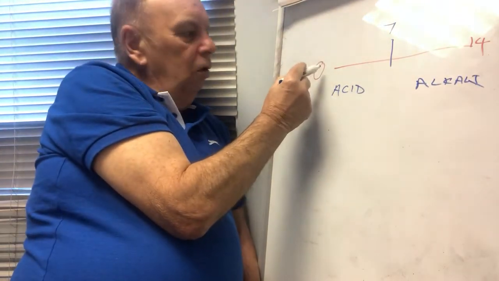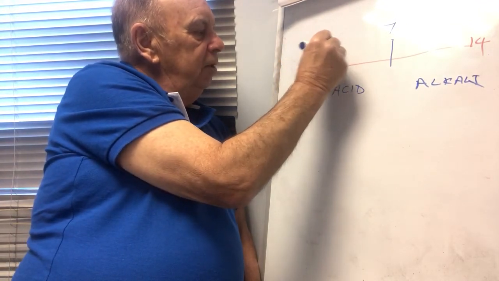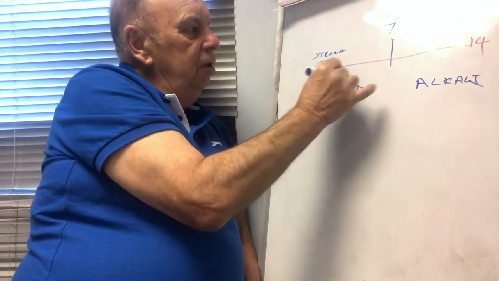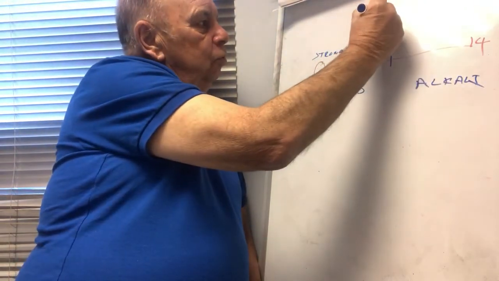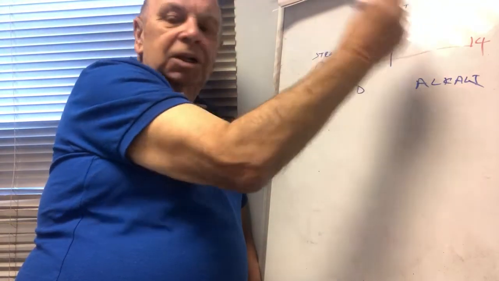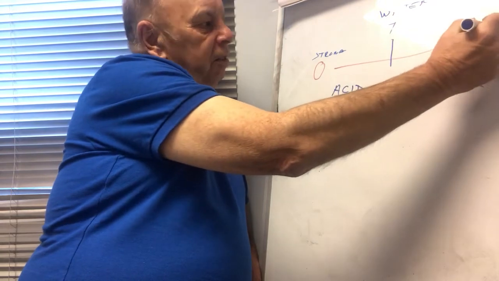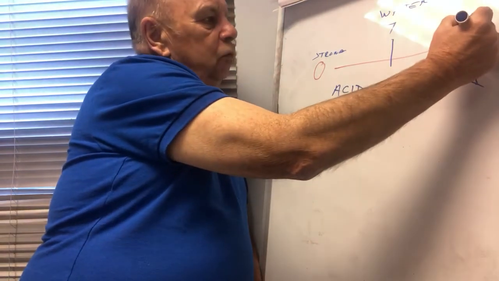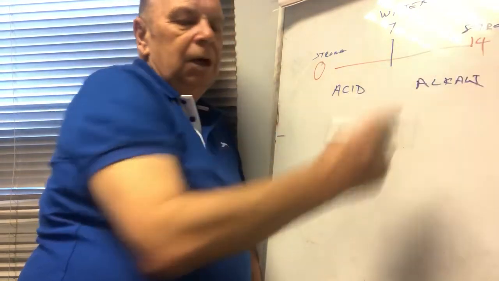This is strong acid here. Strong would have a pH of 0 or 1ish, and this would be water, which is neutral. It's neither acidic nor an alkali. And this 14 would be a strong alkali.